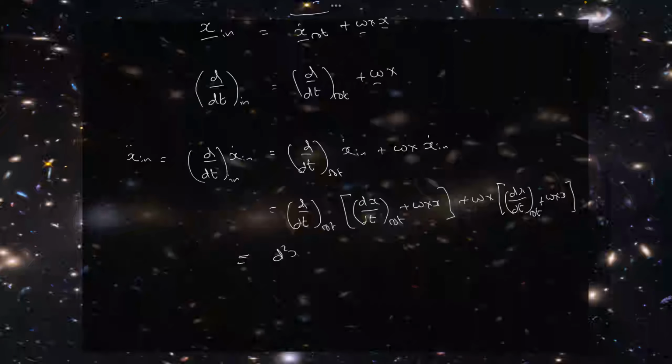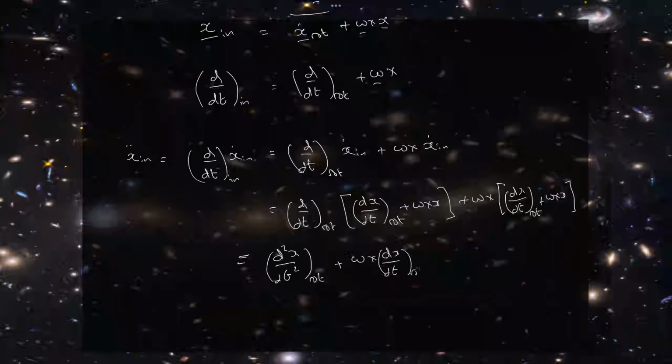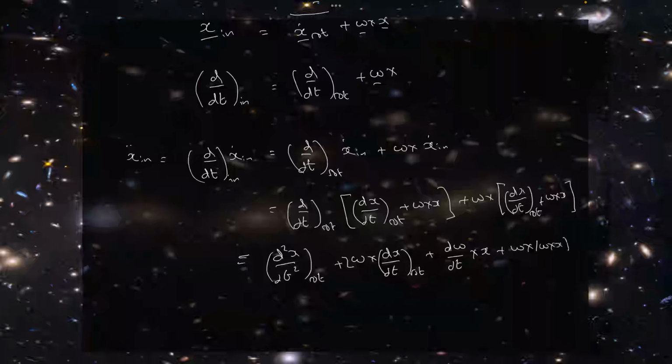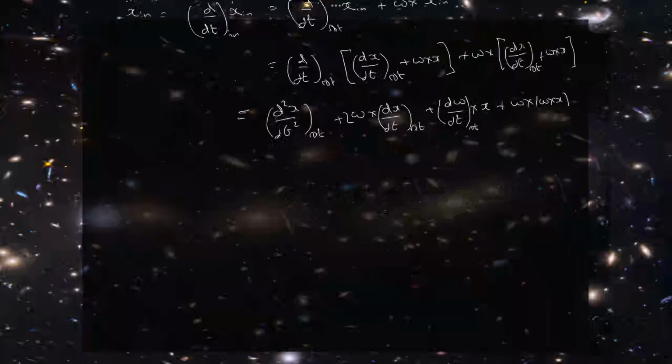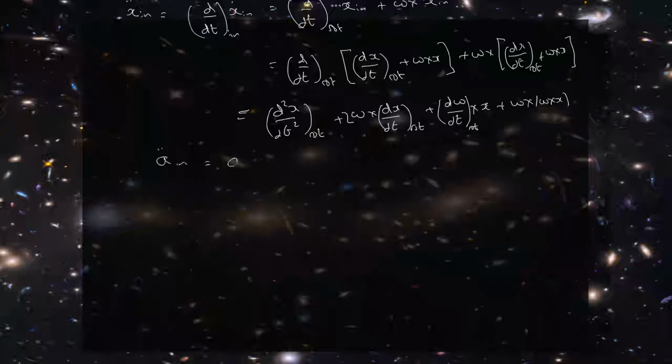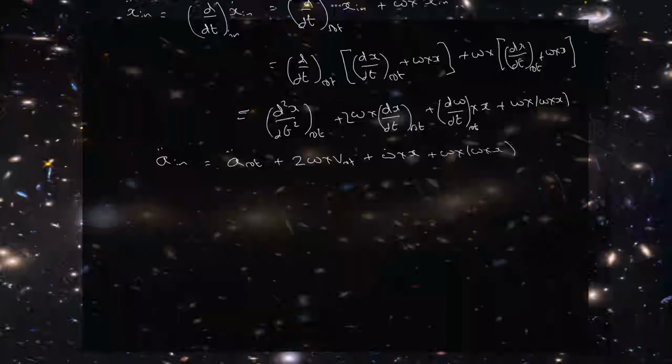And that's equal to d2x by dt2 in the rotating frame plus 2 omega cross dx by dt in the rotating frame plus d omega by dt cross x plus omega cross omega cross x. In other words, the acceleration in the inertial frame is the acceleration as measured in the rotating frame plus twice omega cross the velocity in the rotating frame plus omega dot cross x plus omega cross omega cross x.